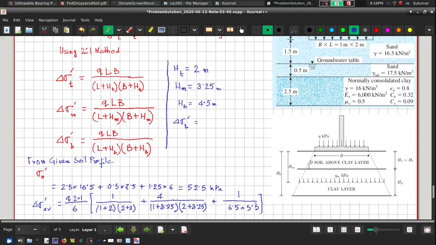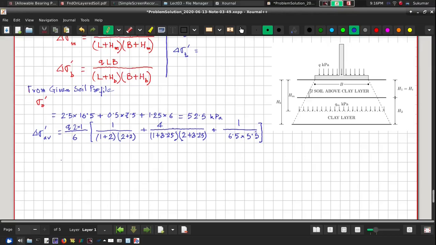And simplifying this, I will get the value in terms of Q. So after putting these values, we have got Q into this 2 by 6 is 1/3 into the quantities inside the square bracket, which comes out to be 0.2906, and therefore ultimately I get 0.0967 Q. That is my delta sigma dash average.